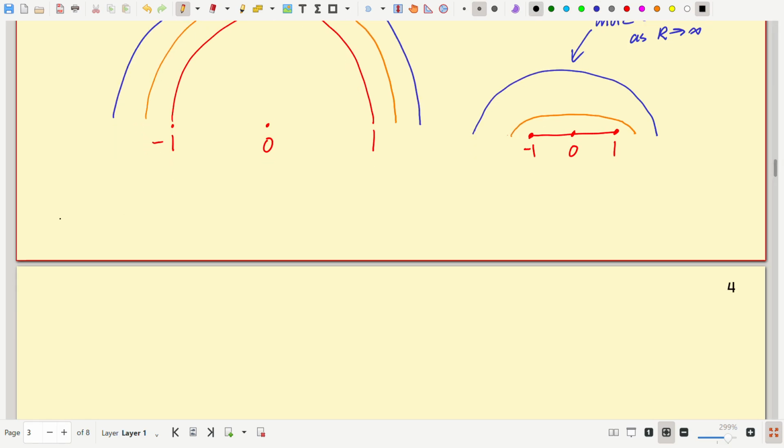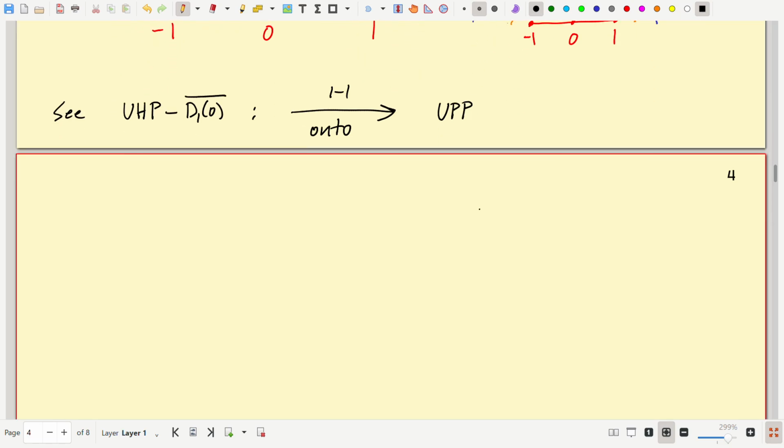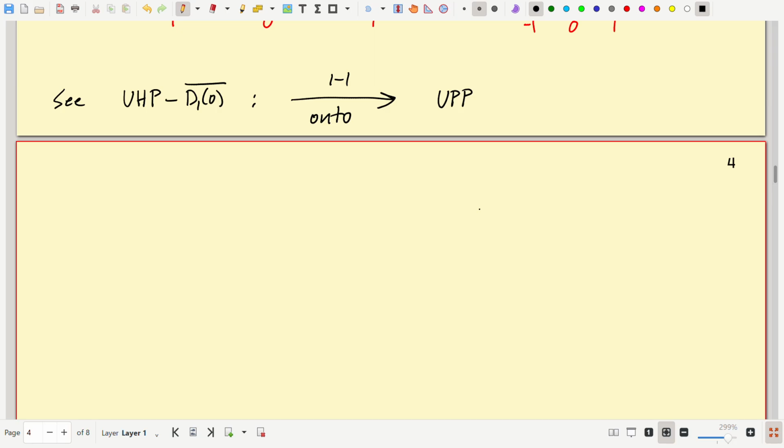So we see the upper half plane minus the closed unit disk maps one-to-one onto the upper half plane, by that family of circles getting mapped to a family of ellipses.